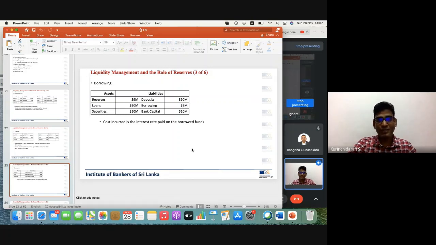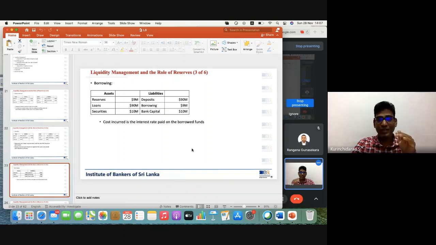The problem is you should be aware of the cost incurred to maintain these reserves, because when you borrow, you have to pay for it. So when you think about how much excess reserve you are going to maintain in your ALCO, you have to think about borrowing as well.